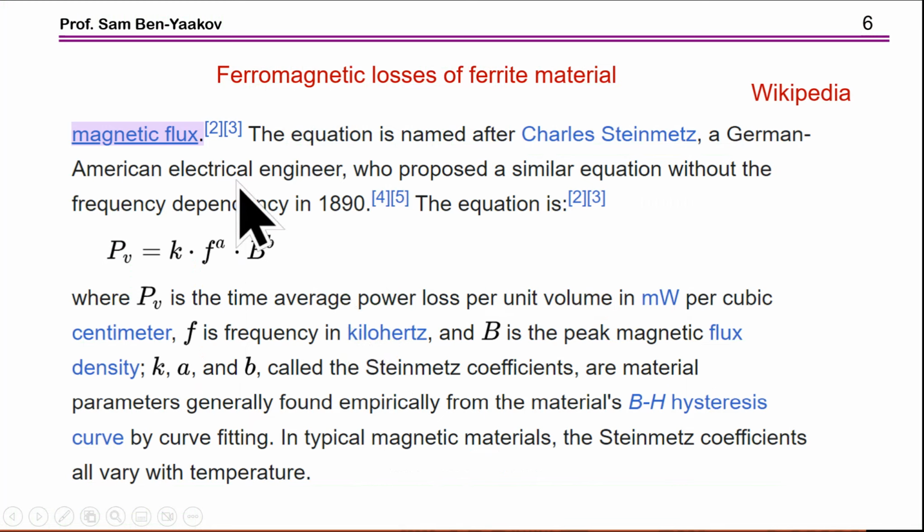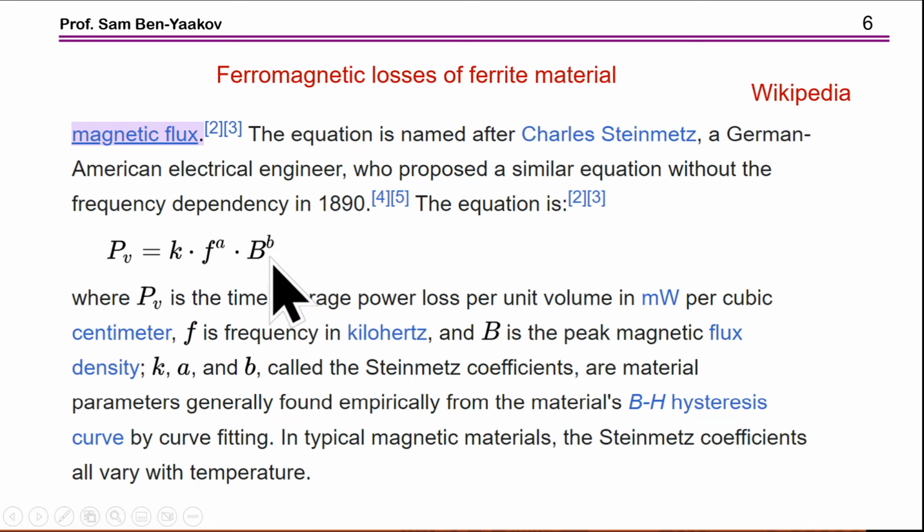Now, when it comes to ferromagnetic losses, ferrite losses, we usually use the Steinmetz equation, which is basically a template. The losses are assumed to be a function of the frequency, and B is the peak magnetic flux density, and there are some parameters A and B which are fitted for each material.